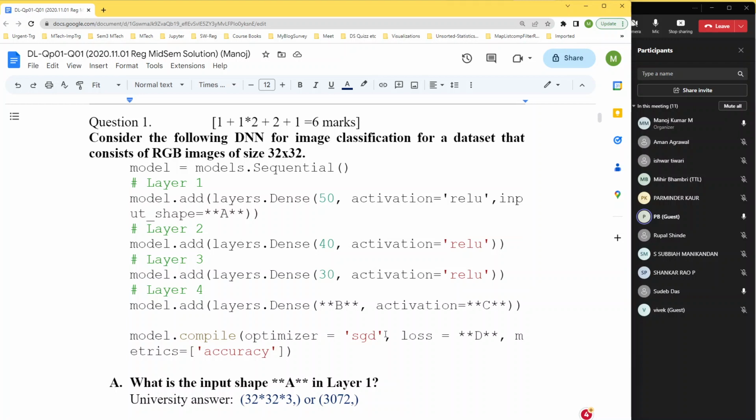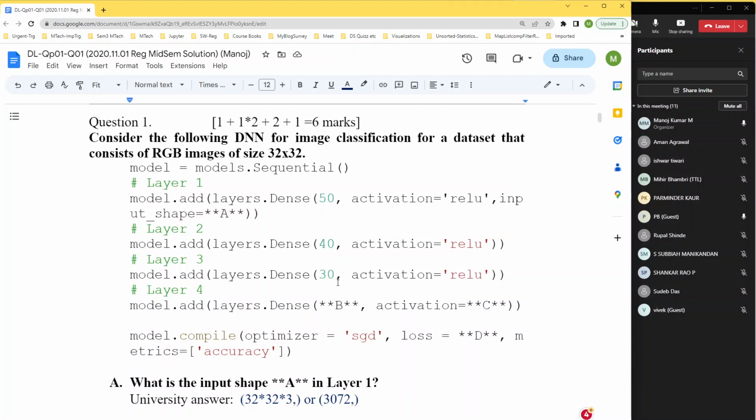I mean, these sequential layers are added. Say, for example, the first layer has 50 neurons. So when the image size is 3072, how do they get mapped?